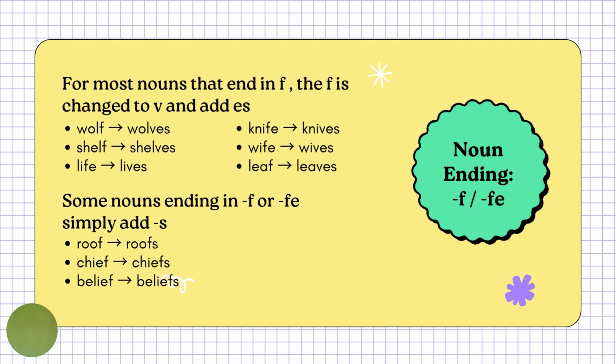And the last one is noun ending with F or FE. Yeah, still there is no fixed rules for this one, okay? Because in some nouns you can change the F to V and then add es, but for some words they just add s without changing the f into v.